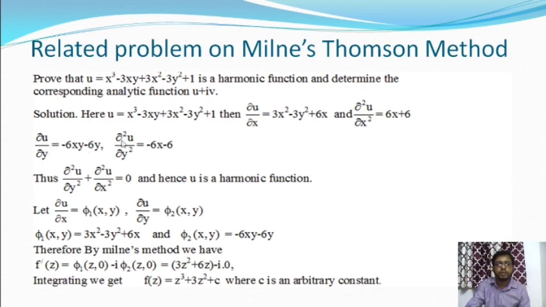So from this we find the second order derivative, and it will be minus 6. So therefore the second order derivative with respect to x plus the second order derivative with respect to y, del 2u del x square plus del 2u del y square, after considering the terms 6x plus 6 and minus 6x minus 6, we'll get this is actually 0.